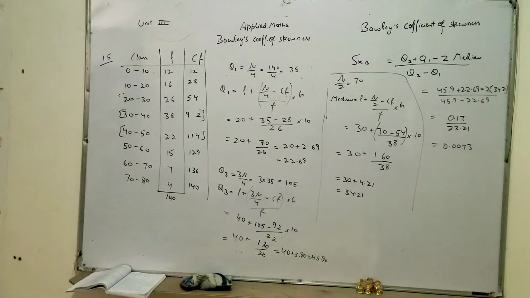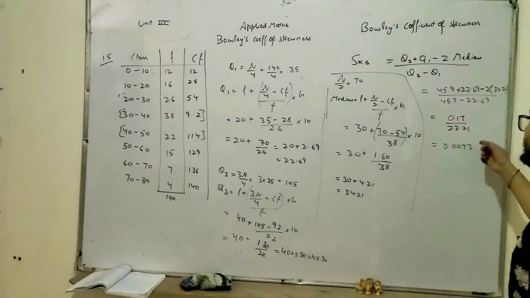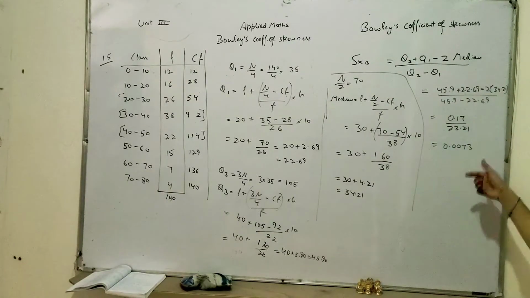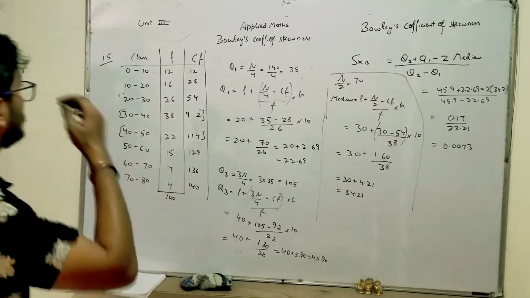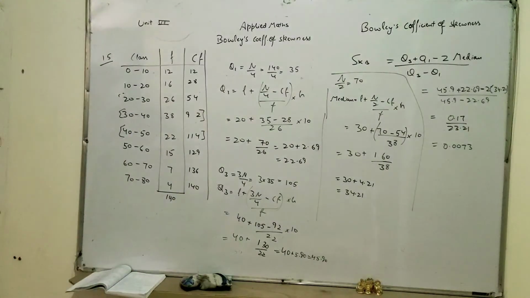So that is equal to 0.17 upon 23.21, and its value will be 0.073. So this is our answer for question number 15. Please pause the video and note it down.